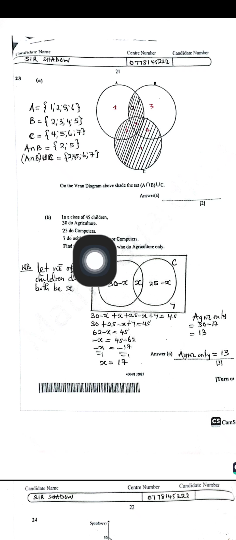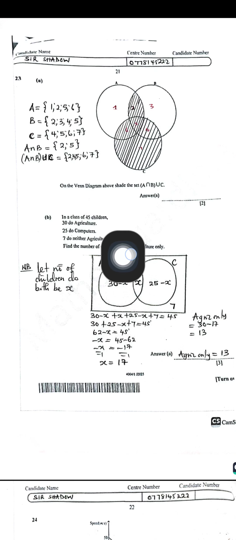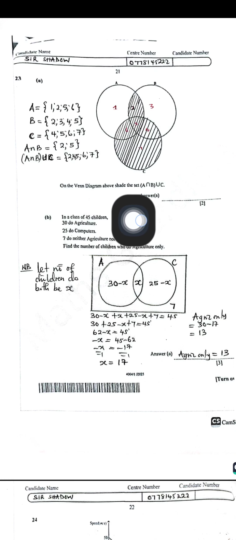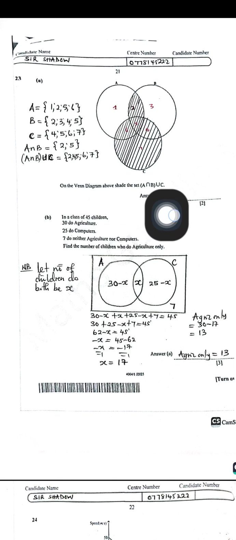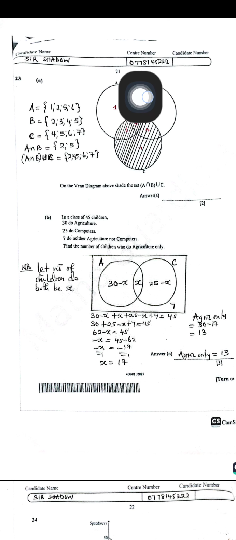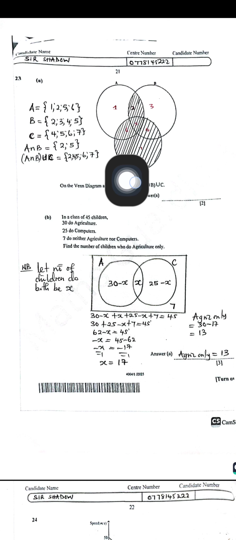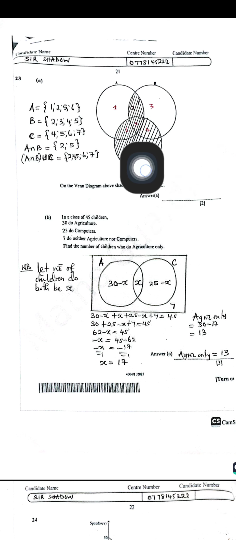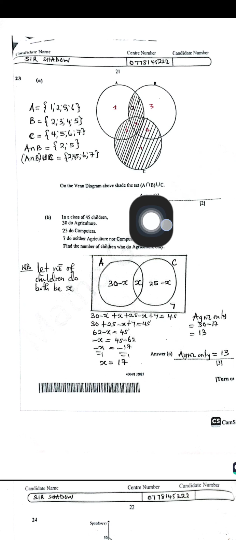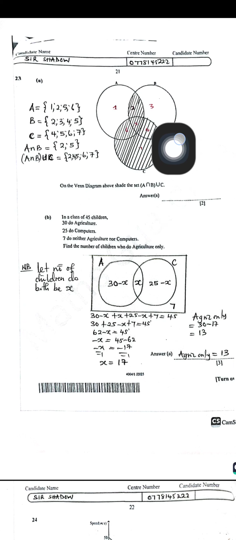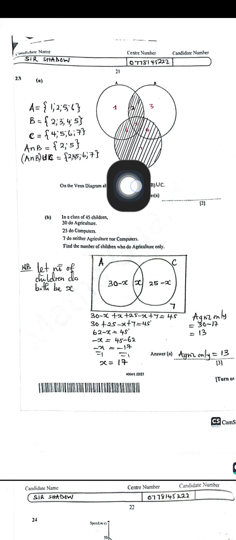So I want to teach you the simple method on how to shade the wanted region. In other words, you can even find the boundary to shade by checking or interpreting this given set, A intersect B union C. You can even shade by interpreting the question.